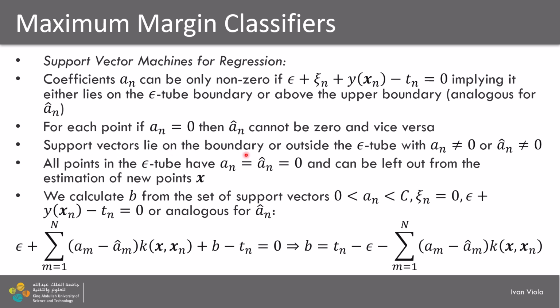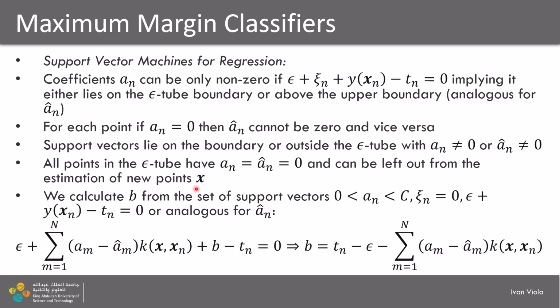Support vectors lie on the boundary or outside, with a_n not equal to 0 or a-hat_n not equal to 0. This means that they cannot both be non-zero. For all points, both a_n and a-hat_n can be 0. For support vectors, one of these is non-zero, but only one. And for all the points within the epsilon tube, both a_n and a-hat_n are 0 and can be left out from the estimation for new points.